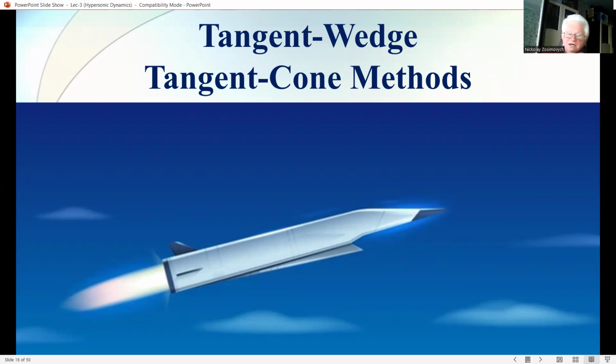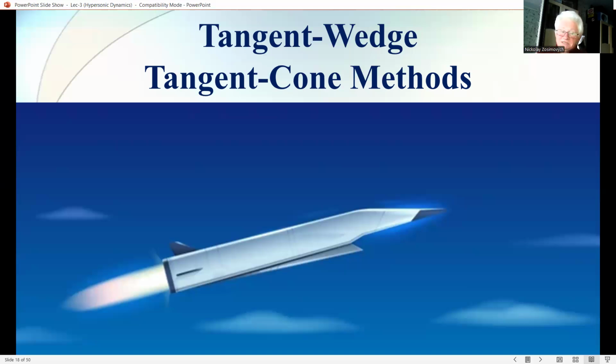Referring again to our roadmap given in the first lecture, we remind ourselves that we are discussing a class of hypersonic prediction methods based only on a knowledge of the local surface inclination relative to the free stream.